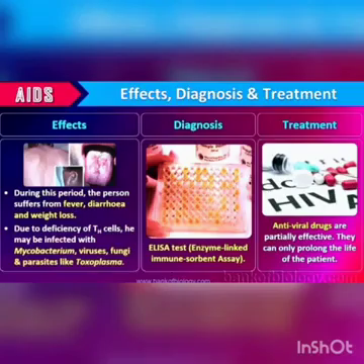During this period, the person suffers from fever, diarrhea and weight loss. Due to deficiency of Th cells, he may be infected with mycobacterium, viruses, fungi, and parasites like toxoplasma.